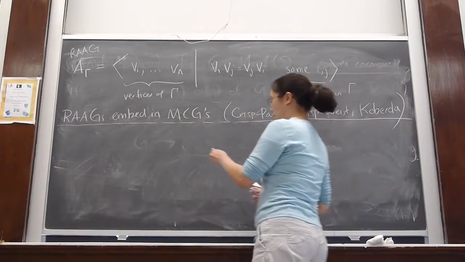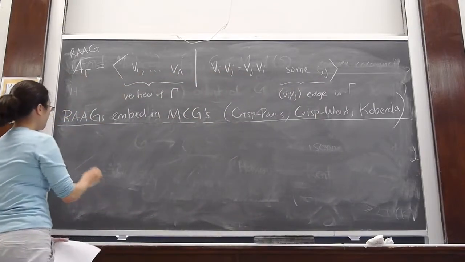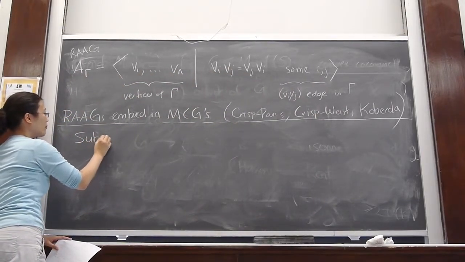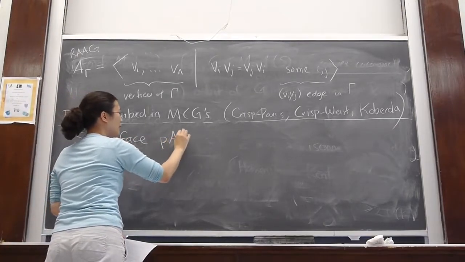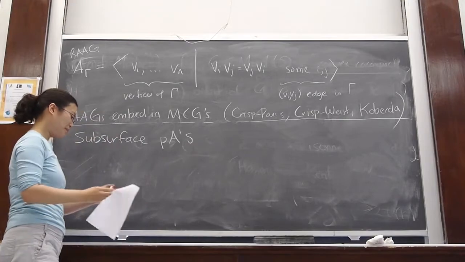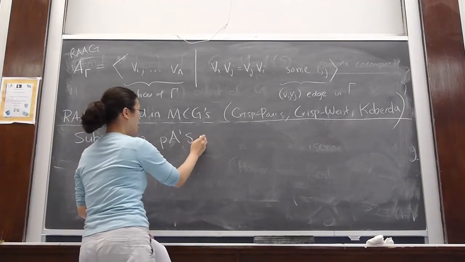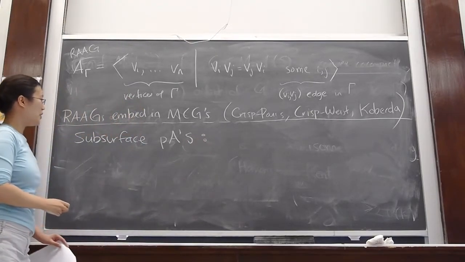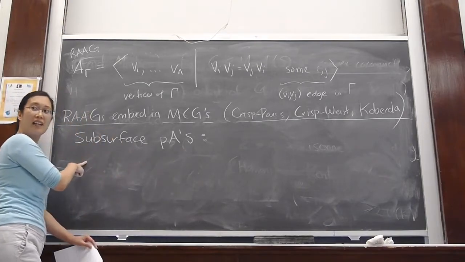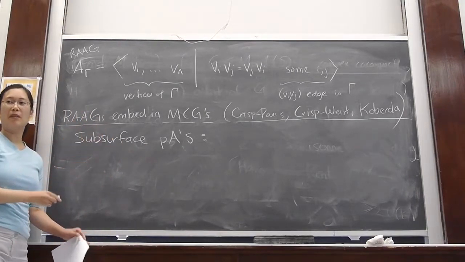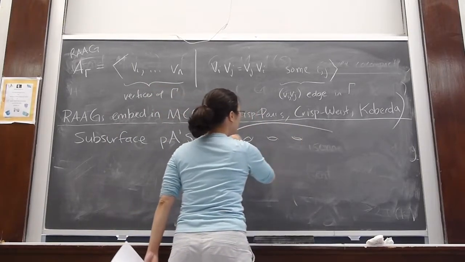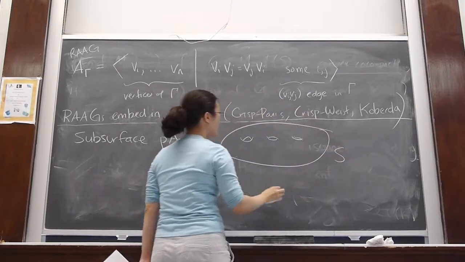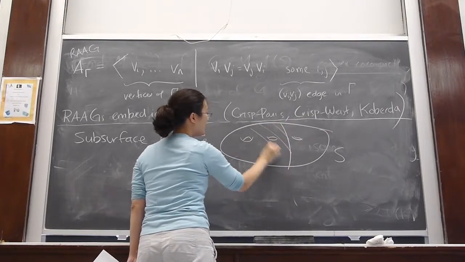And that is going to involve subsurface pseudo-Anosovs. So I'll make a definition for you. By a subsurface pseudo-Anosov, what I mean is not an honest pseudo-Anosov. It's a reducible element, but it's like a pseudo-Anosov. So here's a surface S. This is the whole surface S. And here is some subsurface of it.